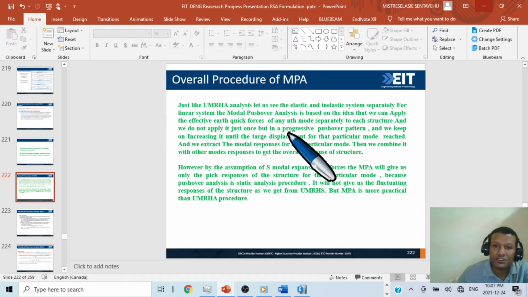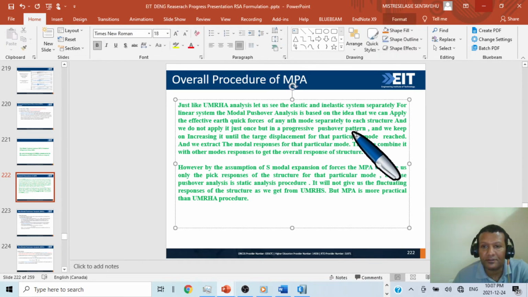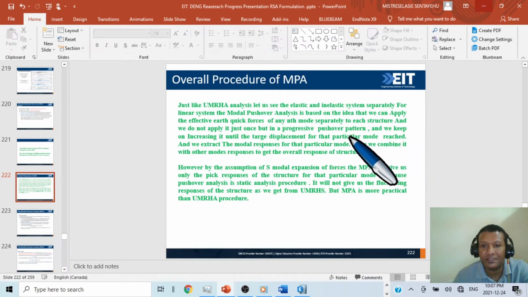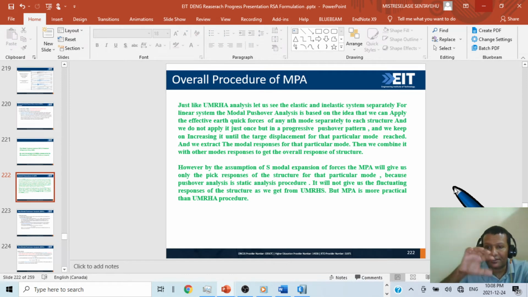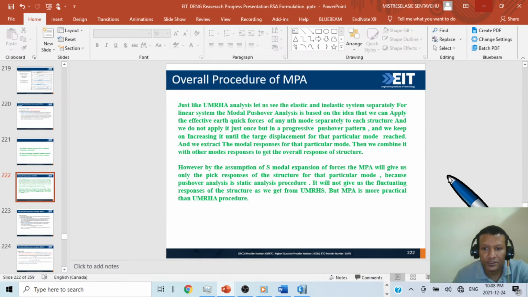In UMRHA we apply it once or cyclically, and we get the pushover curve, as we have seen in the procedure. But the only difference here is that this is static analysis and the forces are applied progressively with different steps, and for each step we extract the responses and find only the peak responses, not the fluctuating, unlike UMRHA, which can give us the fluctuating as well.